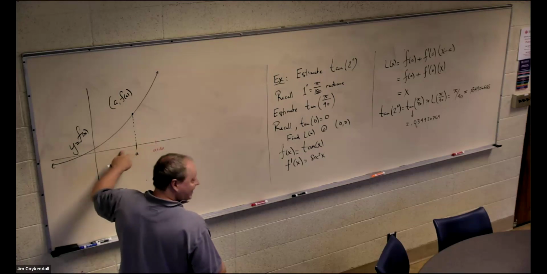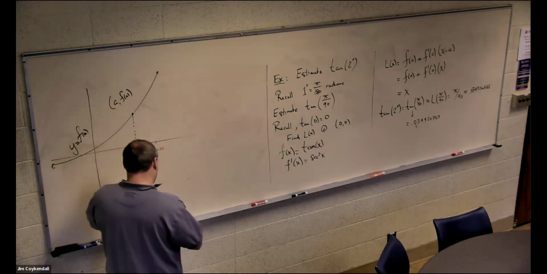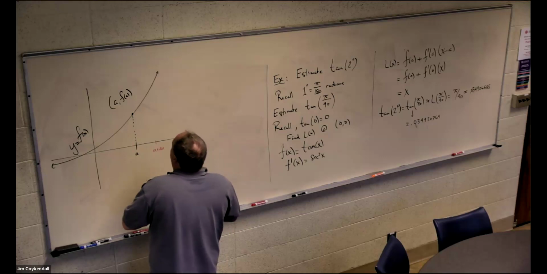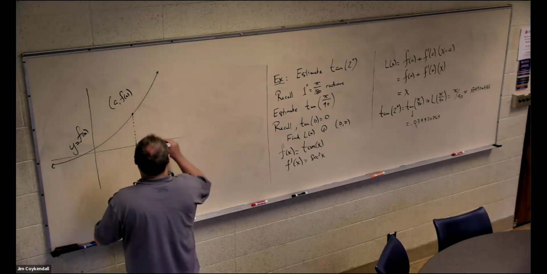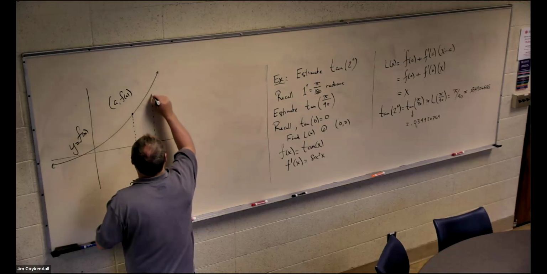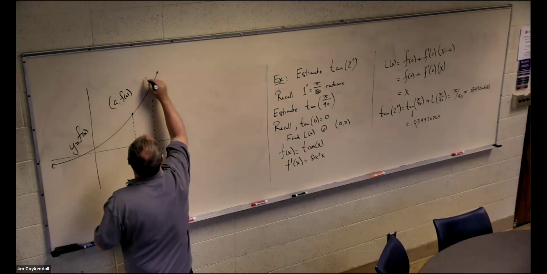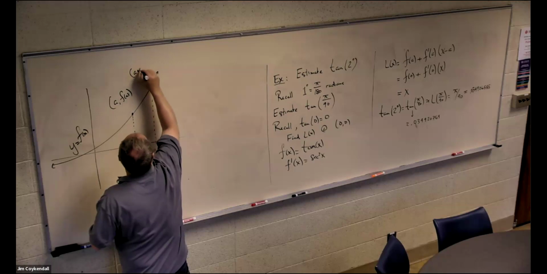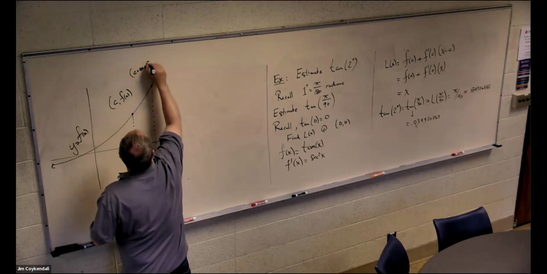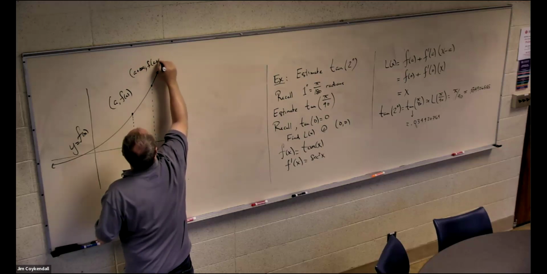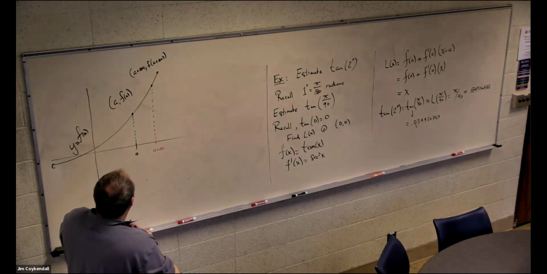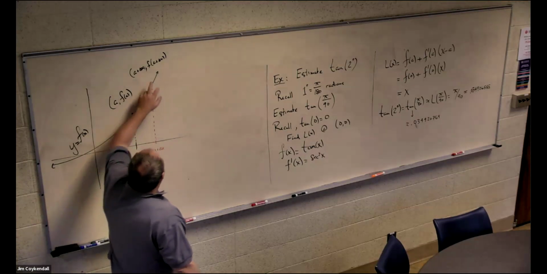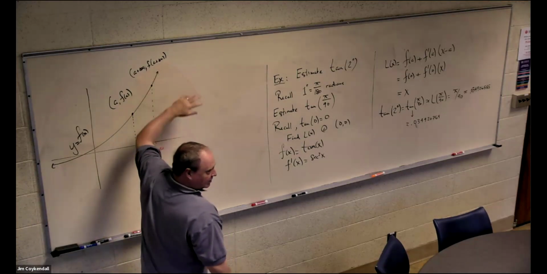My delta x could be negative. Maybe I won't know what it's like on the other side. Here is the value of the function. It is what it is. This is the point A plus a little change in x, f(A plus delta x). And this may be hard to compute.